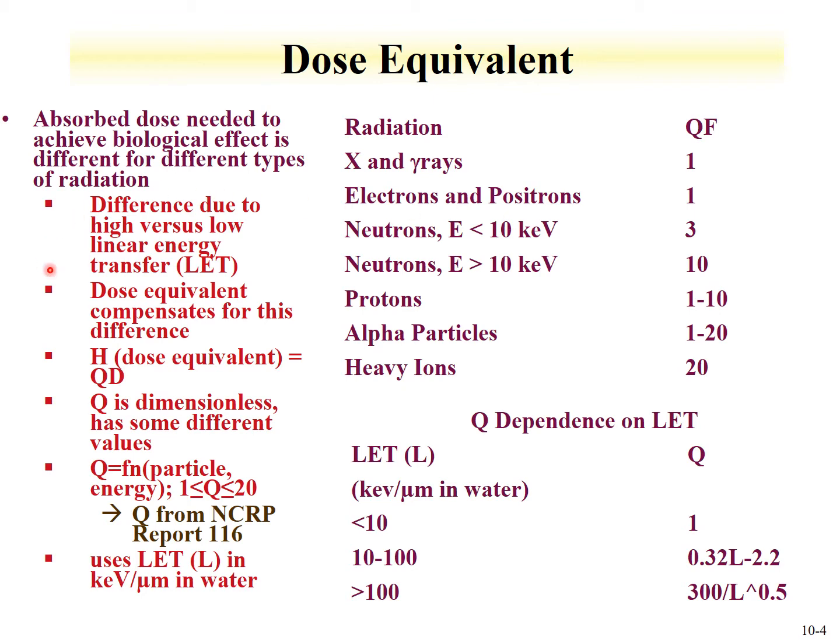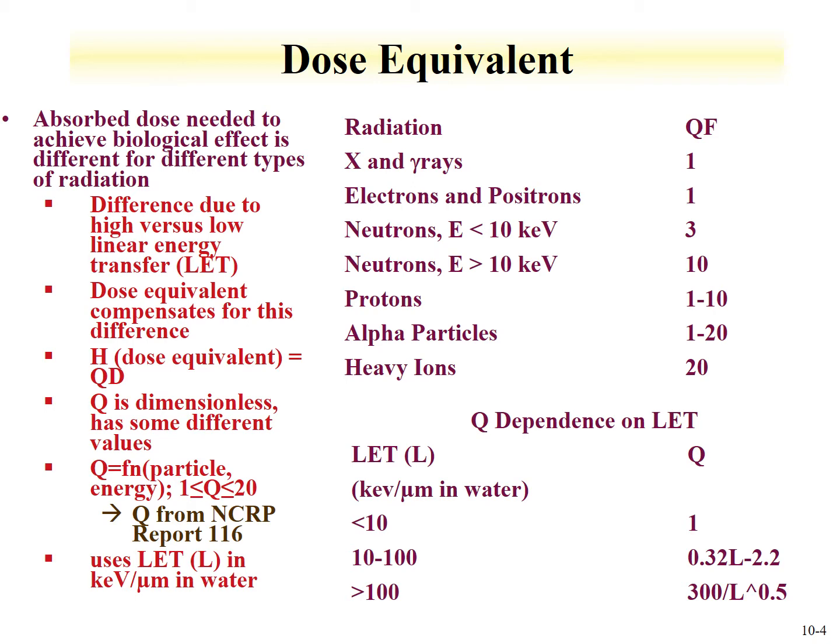The difference is really driven by the linear energy transfer, and we call this dose equivalence. To compensate for this, the dose equivalence will be equal to the dose D times Q, where Q is some dimensionless value. There are a number of reports which define what this value should be. It's often a function of the particle and the energy. Q can vary from 1 to 20.